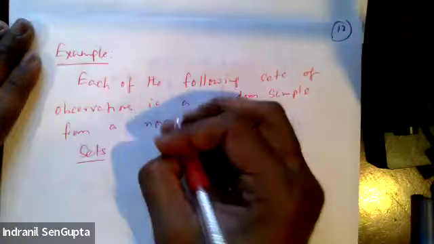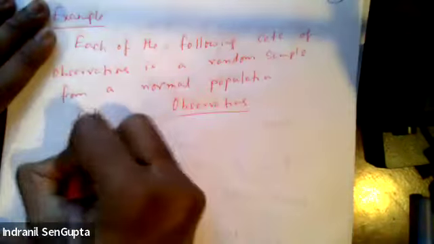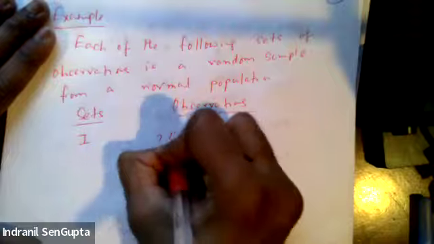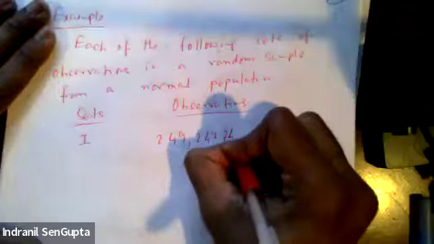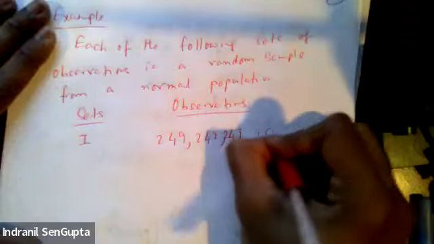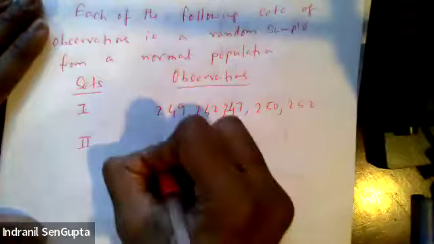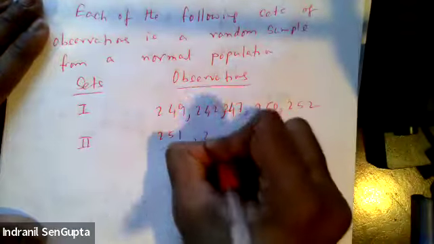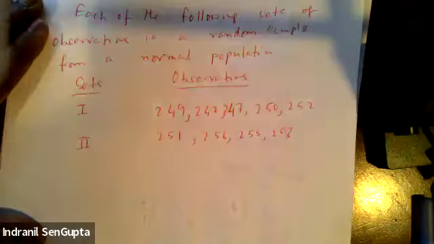So here are the sets, here are the observations. Set 1: the observations are 249, 242, 247, 250, 252. Set 2 is 251, 256, 255, 258.